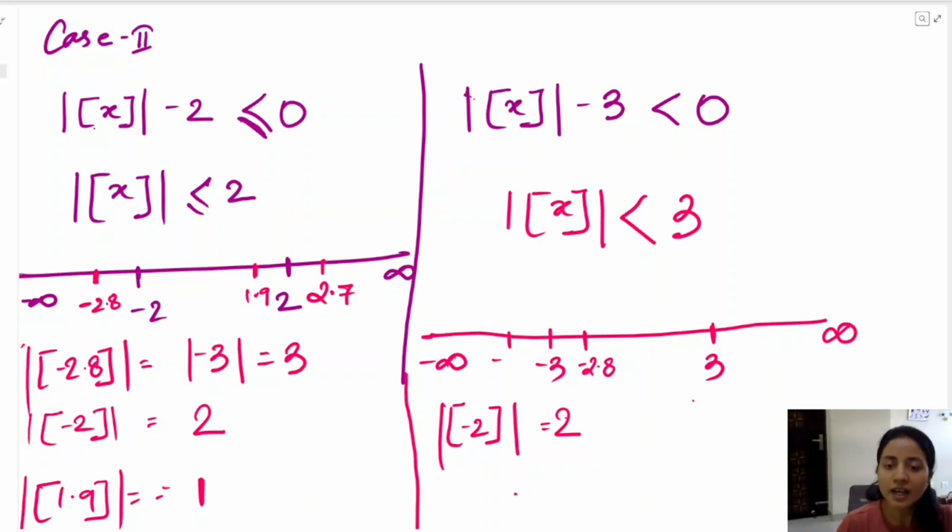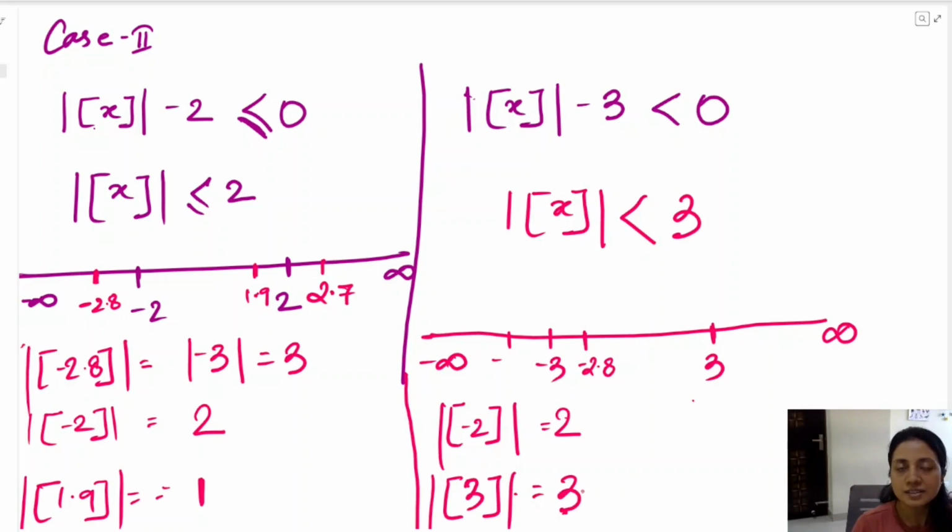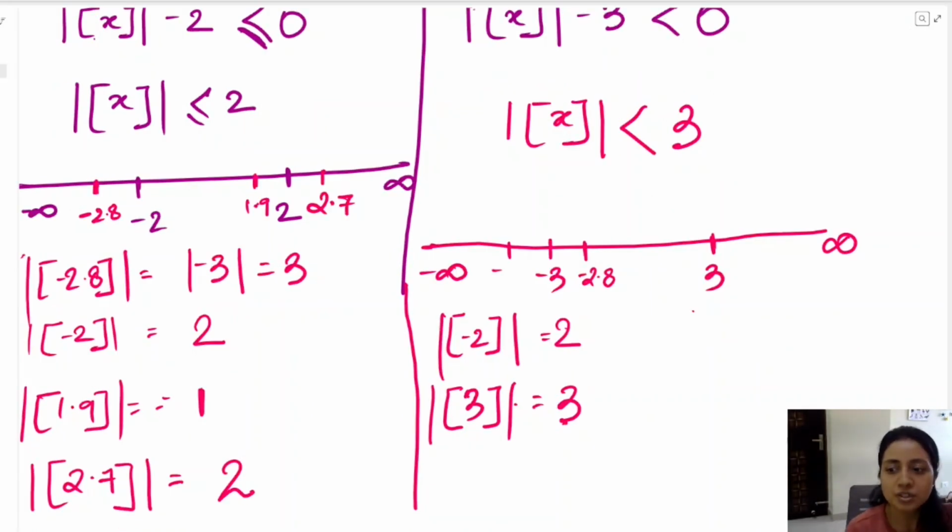So here as well our solution region starts from negative 2 and it is going till which number? Let's check that. If we take positive 3, it is giving us just 3, and we can clearly see this is not satisfying our inequality. What about the numbers which are very close to 3? Maybe positive 2.7.